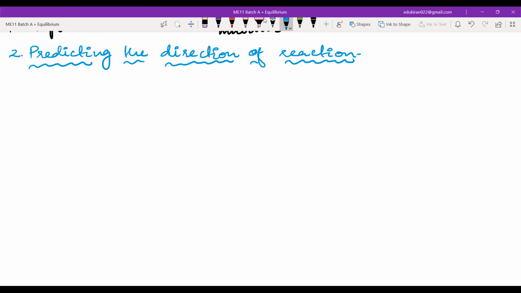I'm starting to give you an example. Please don't write this. It's the same thing that we have A, which is getting converted to B. We have A and B, which are in equilibrium. And we have K equal to 1.